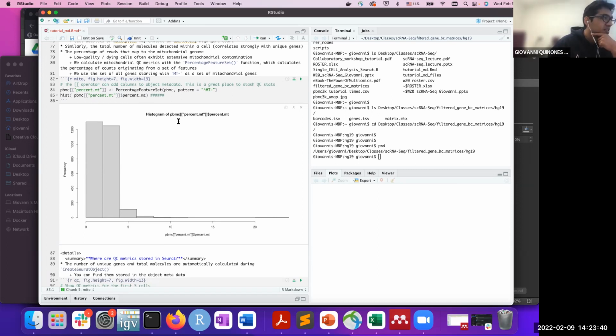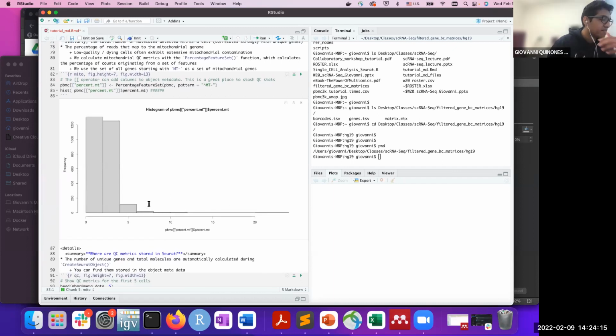As you can see from the plot, most of our cells have less than 5% mitochondrial RNA, which is something good. Usually 5% is the arbitrary cutoff for what we consider too much mitochondrial RNA. But like I said, it's arbitrary. Some people may decide to be more stringent or more permissive with this number.